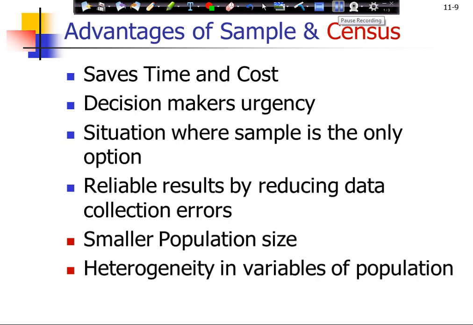So this gives you an idea about what are the advantages of selecting sample and what are the advantages of selecting census. As you can see, the points which are noted with blue mark are advantages of sample, and the points which are marked with red are advantages of census. Hope things are clear to all with the examples that I have quoted.